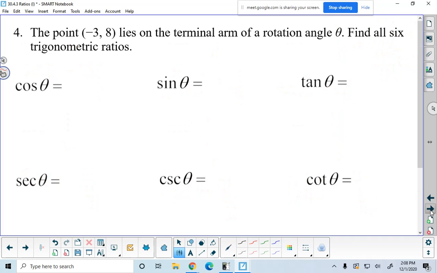All right, seeing none, let's take a look at example 4. The first thing I want to do, and this might be good because I think some of you might be getting weary, this is a long, long time to be at this, is I want you to think about whether this point is on the unit circle.